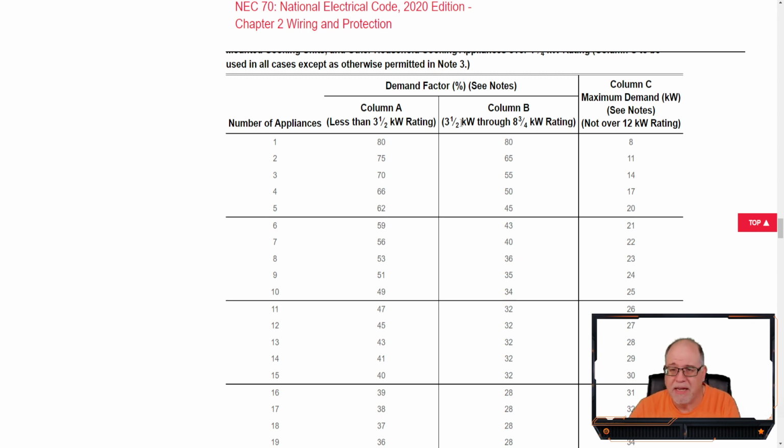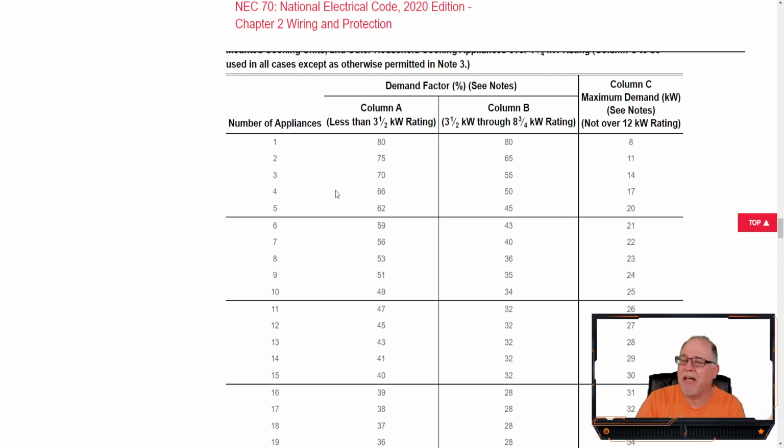If it falls under B, it means it's between 3.5 through 8 3/4. And if it's 1, then it would be 80%. If you have two different units like an oven and a cooktop, and one falls under A and one falls under B, then you would apply each column individually and then add them together.